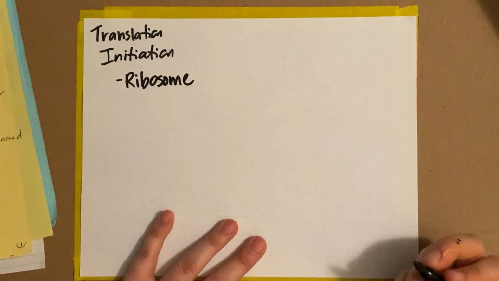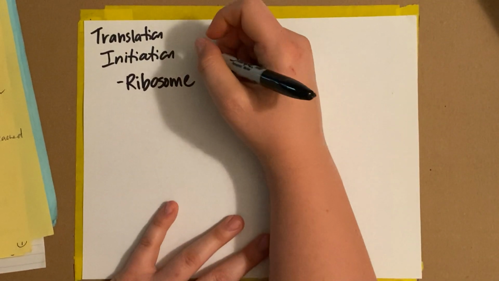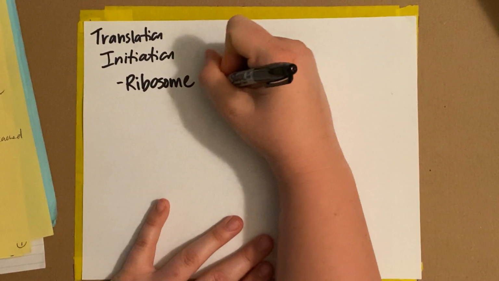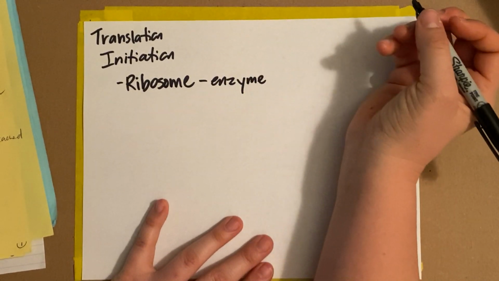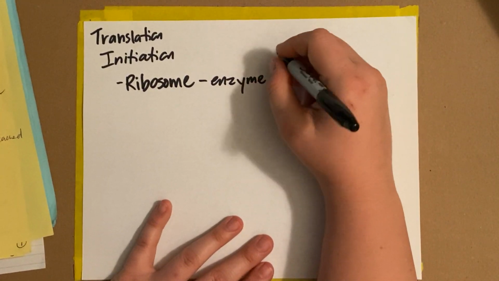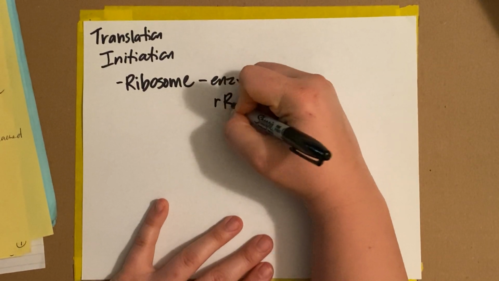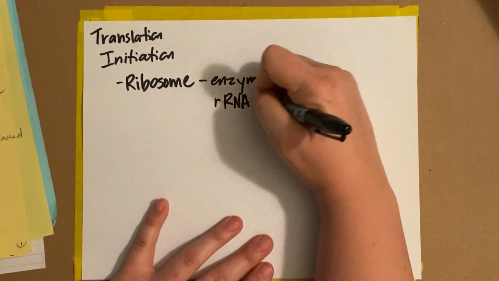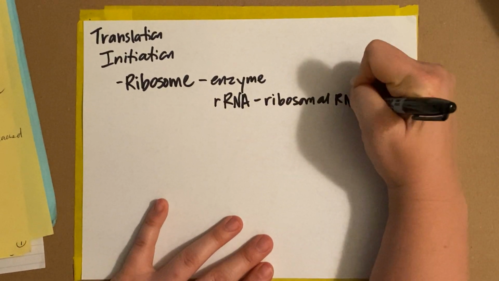So just quickly before we start talking more about initiation, the ribosome is going to be an enzyme. Okay, it's actually very large, and it is also going to be partially made out of what we call rRNA, which is going to stand for ribosomal RNA.